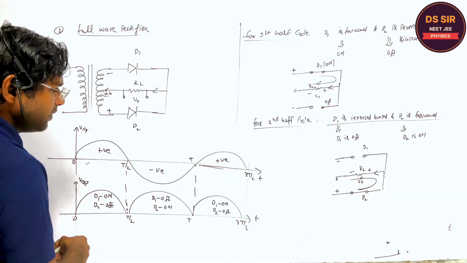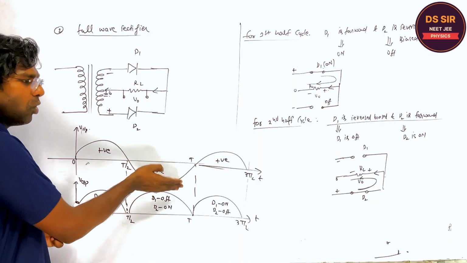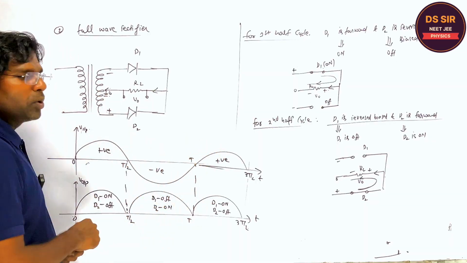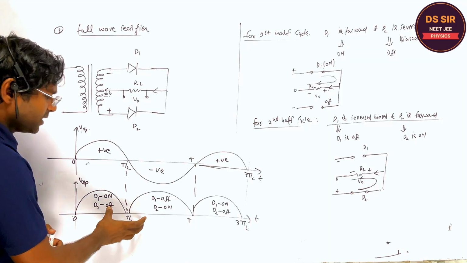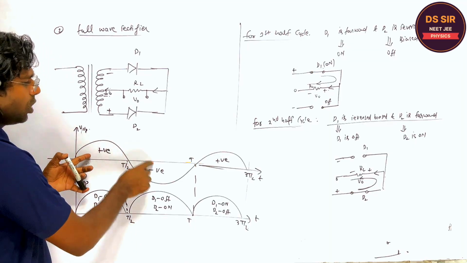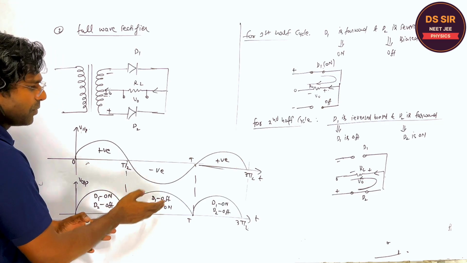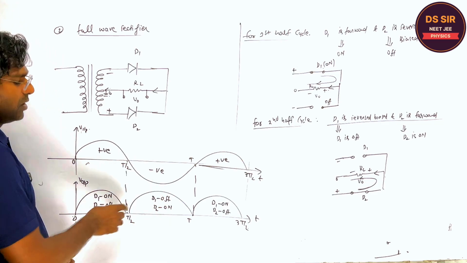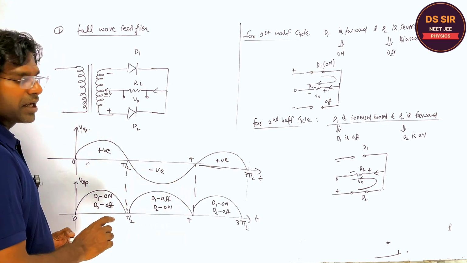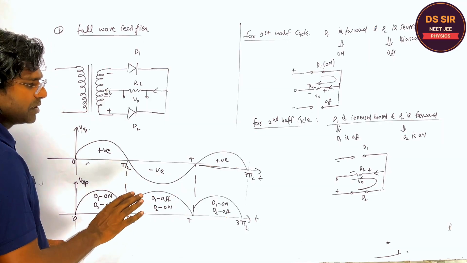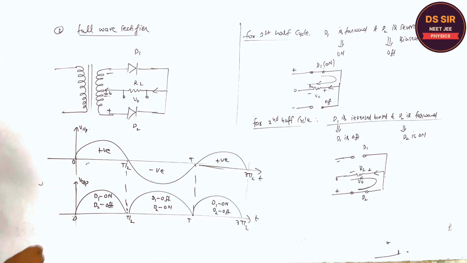So in this case, this is the input voltage wave supplied, and this is the output voltage. We are getting the complete wave, and the current is flowing in the same direction. Is it clear or not? Copy this.